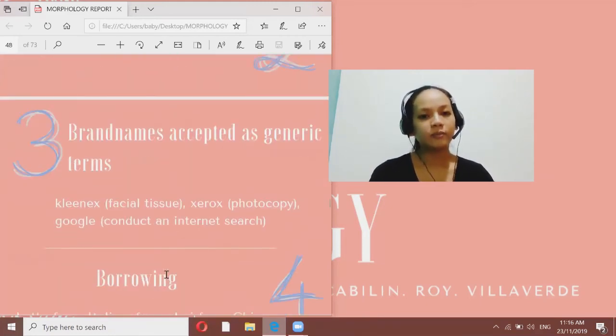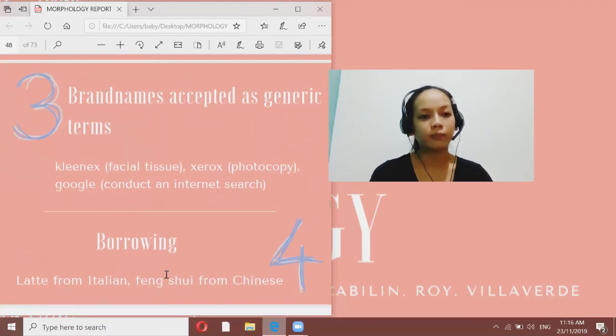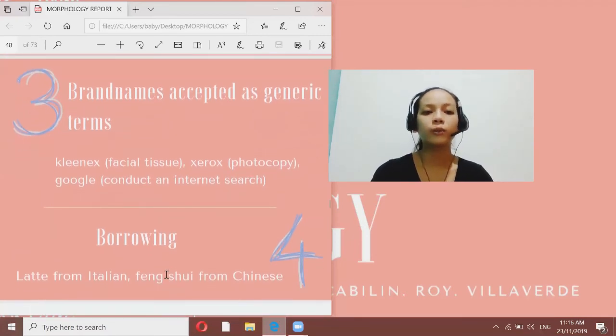The third way is through brand names that suddenly become accepted as generic terms. So this is very common here in the Philippines also when we say Kleenex instead of referring to the facial tissue, Xerox instead of photocopy, and another very common word that we use is when we say we have to Google it, which is actually a brand name.